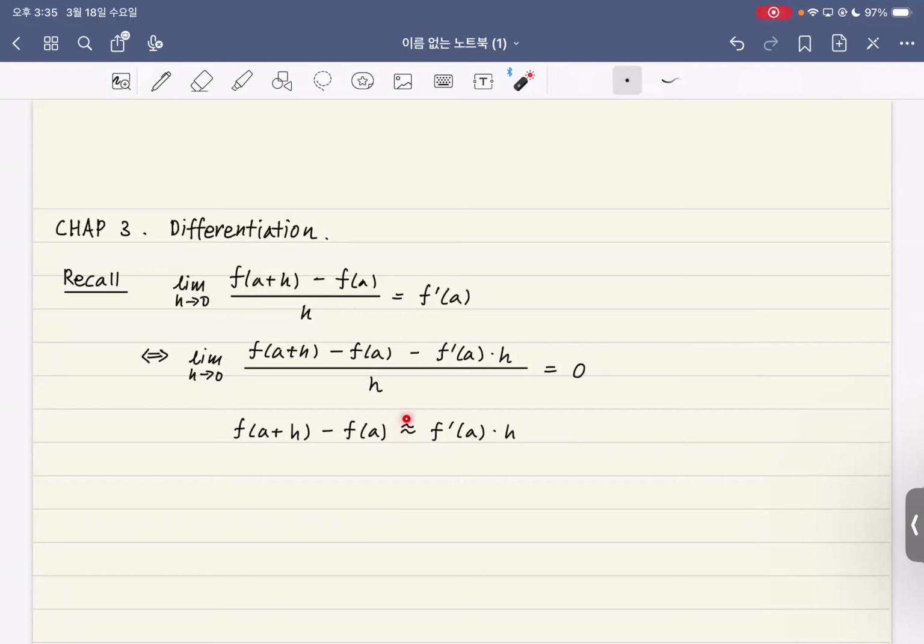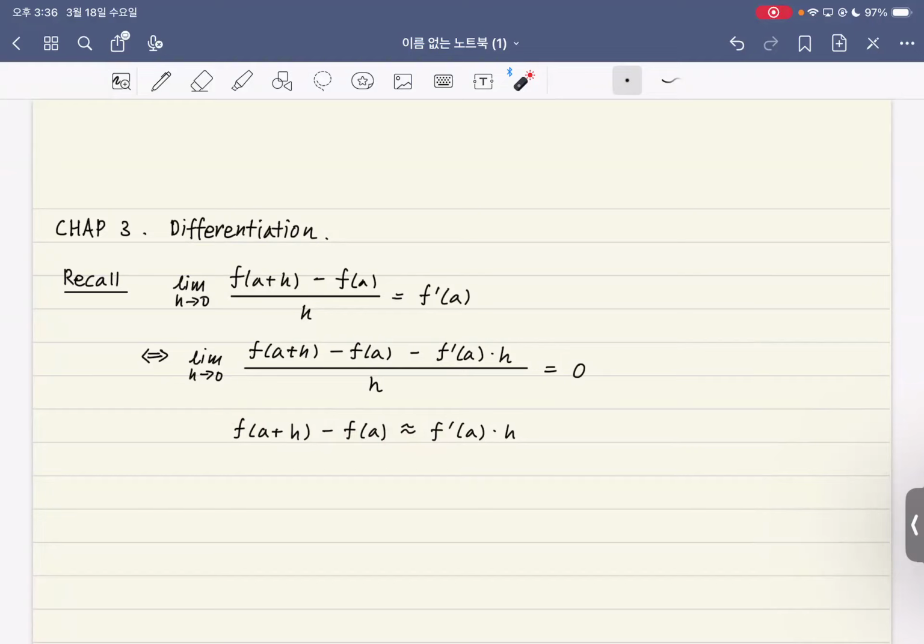This means approximate: this one approximates this one. So, this side of the equation, f, is generally not necessarily linear.